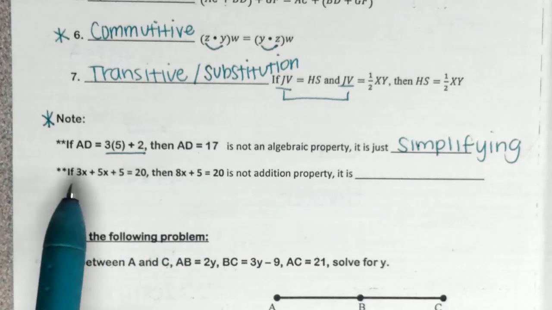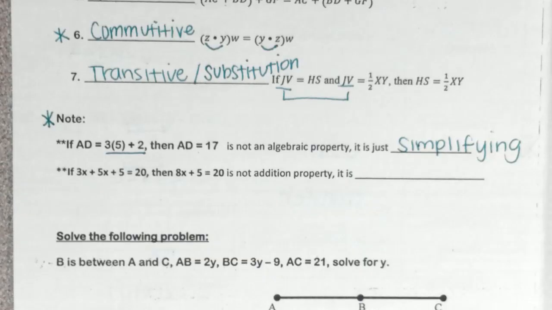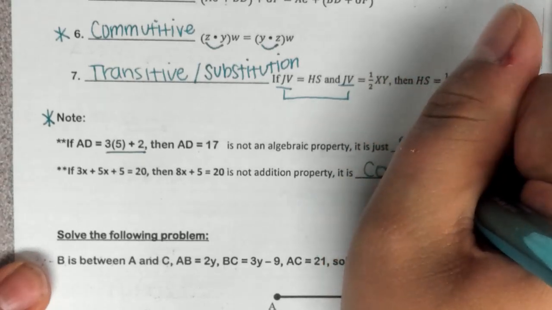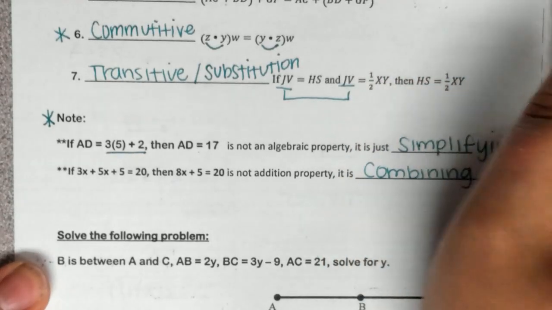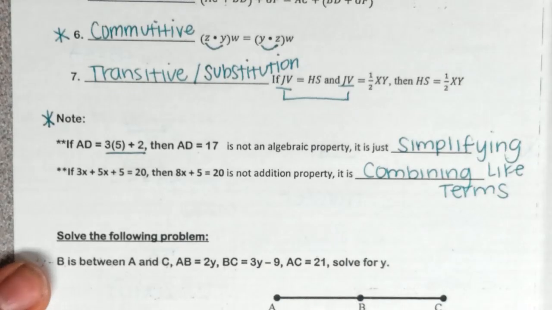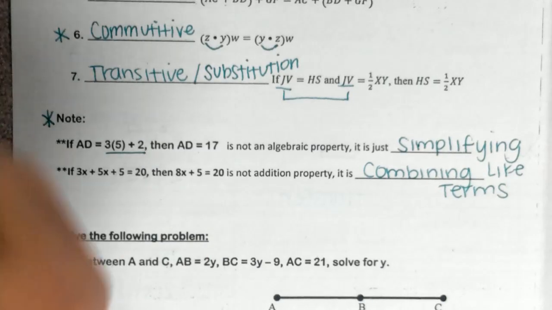What am I doing from this first equation to the second equation? Adding your x's, what do we call that? Combining like terms. Again, we are adding x's, but this is not addition property because we are not doing that to both sides.